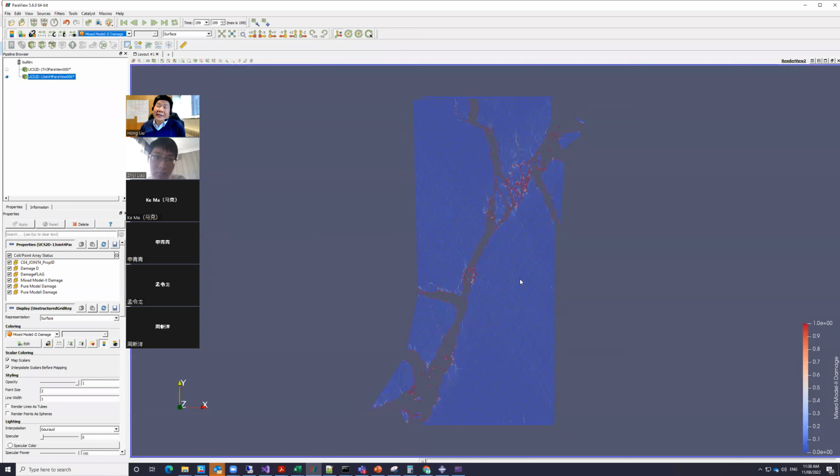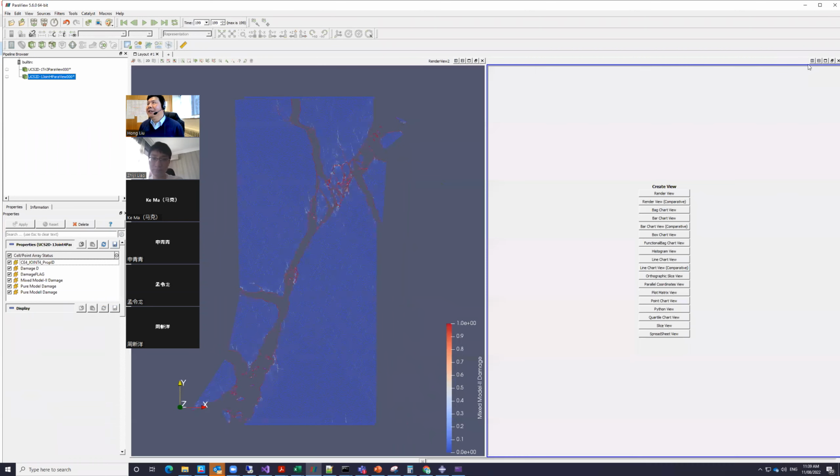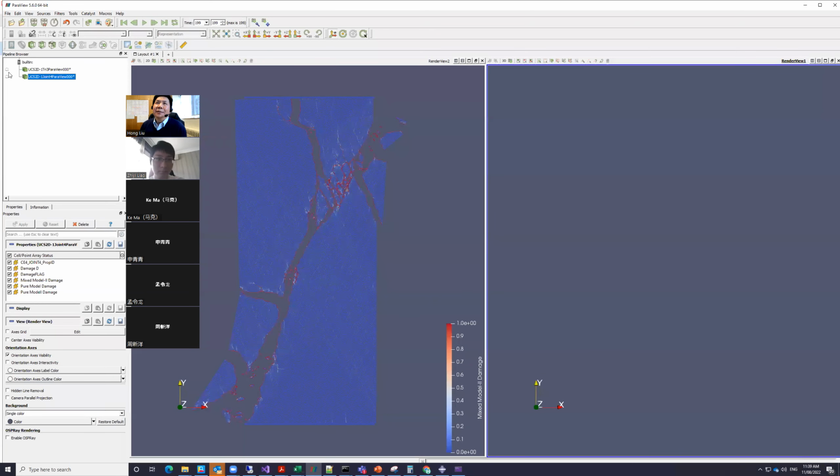I think this is related to the definition of how we classify pure tension or pure shear. Let me show the meshes.